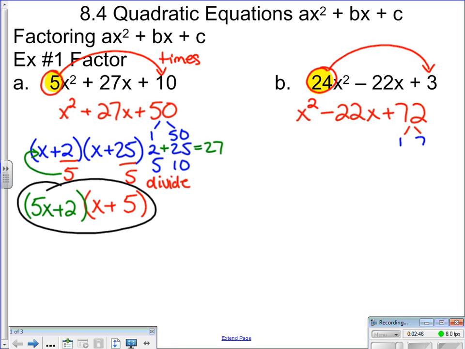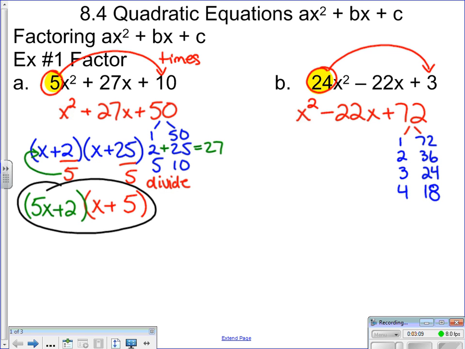Well, we have 1 and 72, 2 and 36, and let's see, what else do we have? 3 and 24. Next one will be 4 and 18.